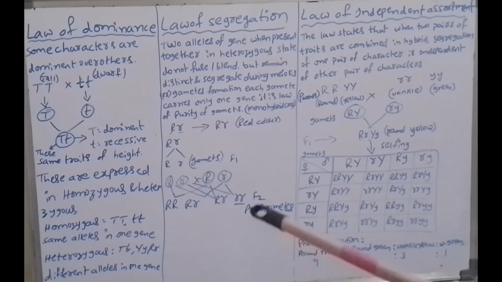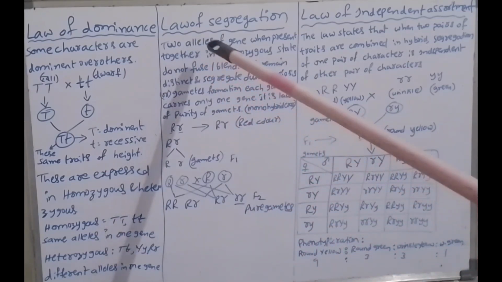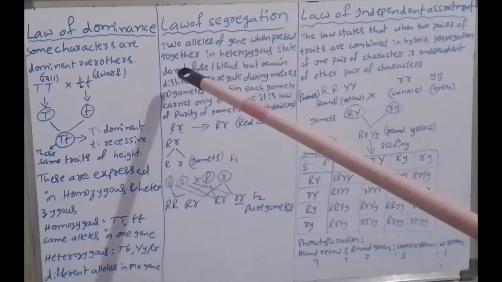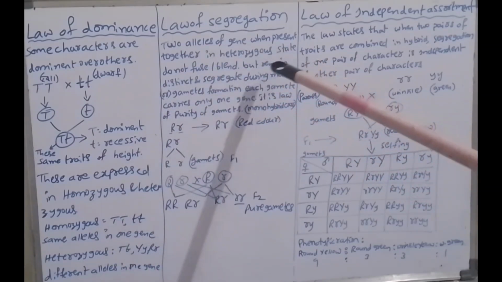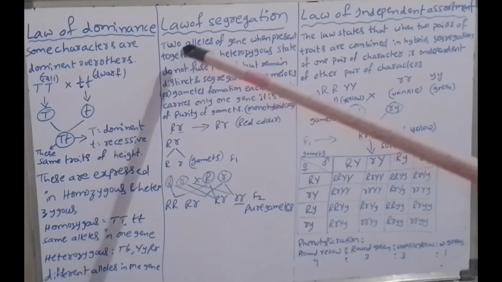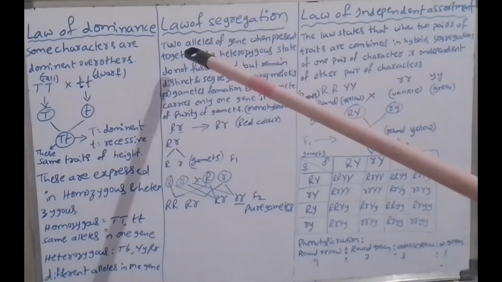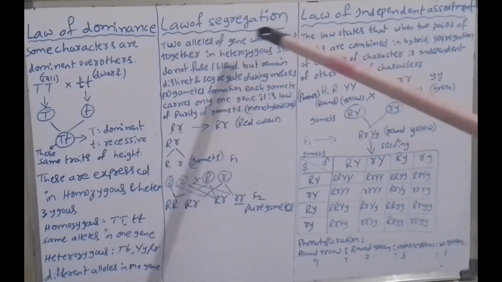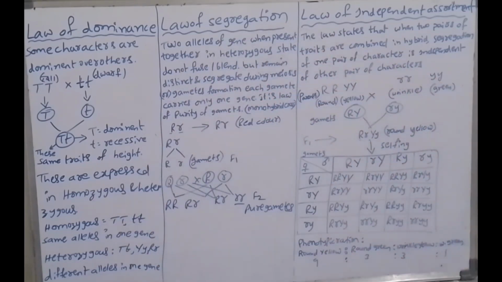In the law of segregation, two alleles of a gene, when present together in the heterozygous state, do not fuse or blend. Heterozygous means different alleles in one gene.